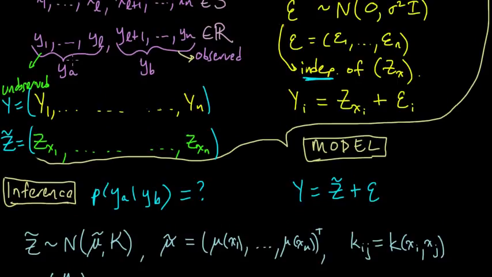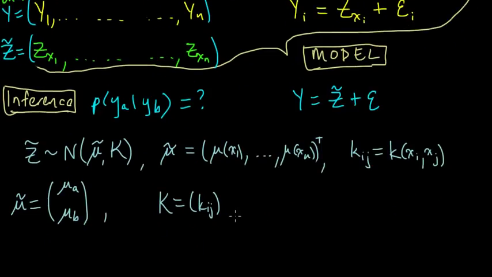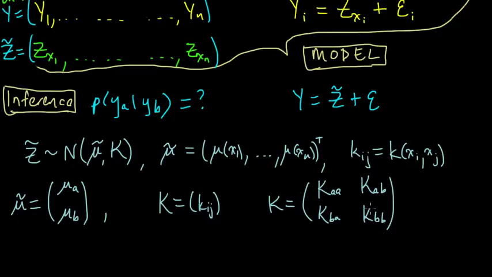That's following this earlier notation. And we can also break up K into the block matrix, just like before: KAA, KAB, KBA, KBB.